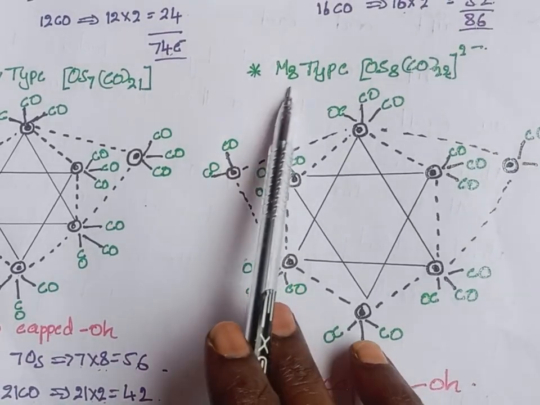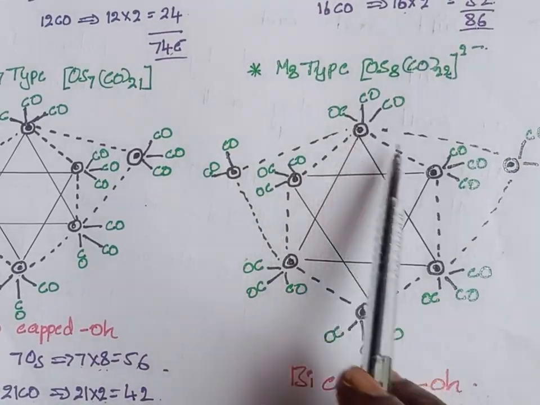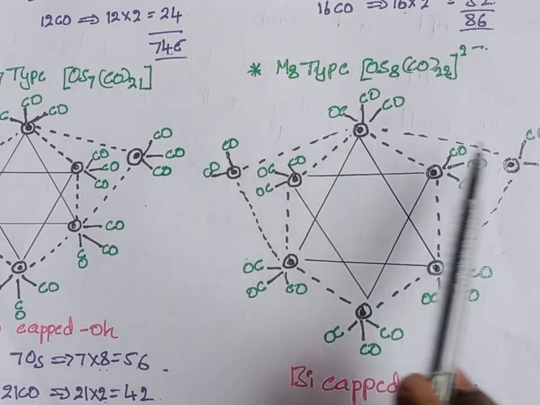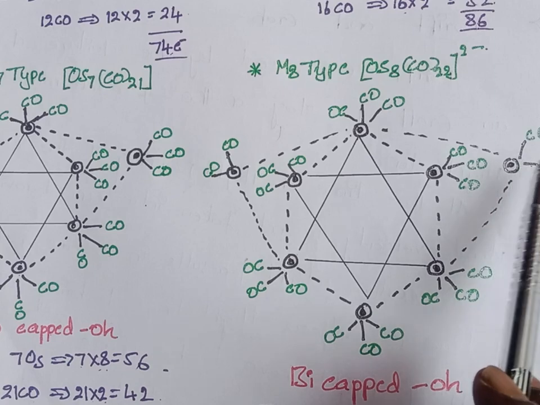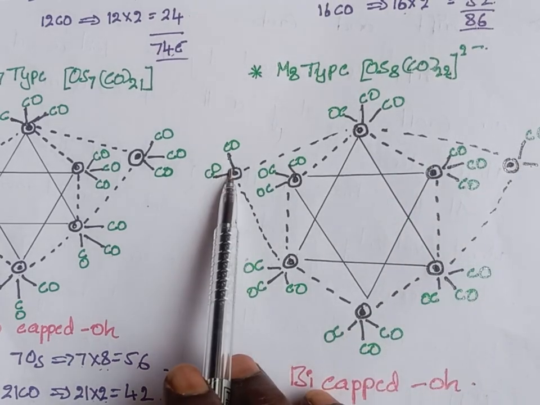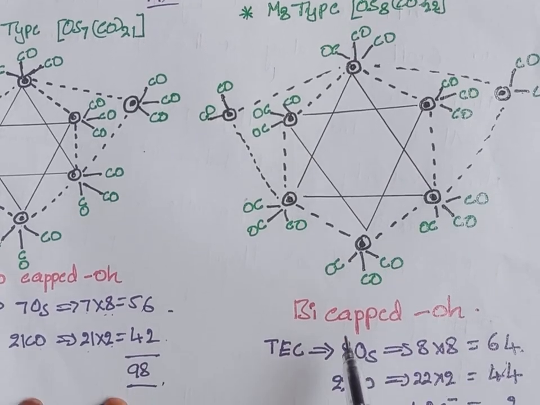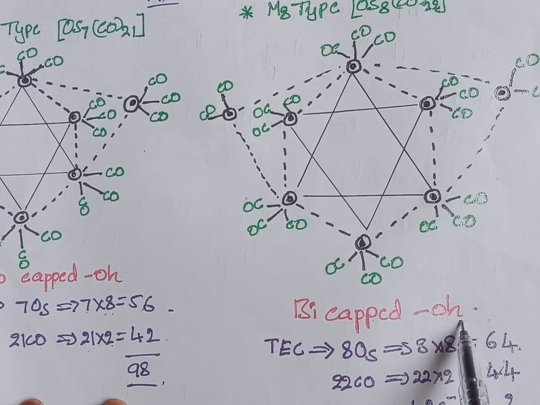If we go for M8, 6 metal atoms are arranged in an octahedral manner and the extra 2 metal atoms are placed over triangular faces of this polyhedron. So 2 caps are here. Therefore, the structure can be called a bicapped octahedron.